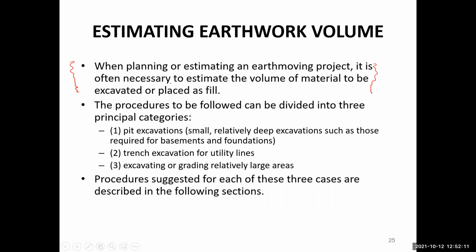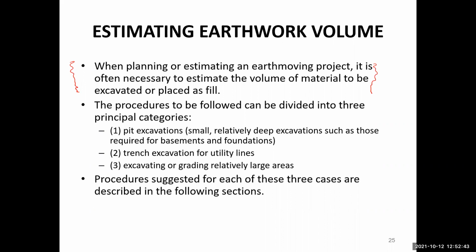In many construction projects, for example, if you are building an airport on a land, that airport is a very large project, and we need to move the soil from that land so that the land will become more or less quite leveled.